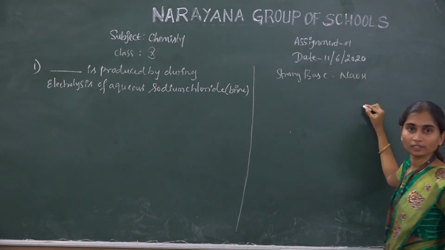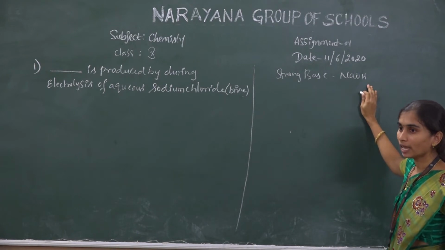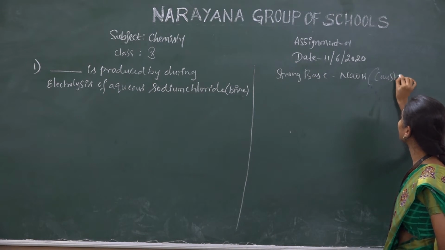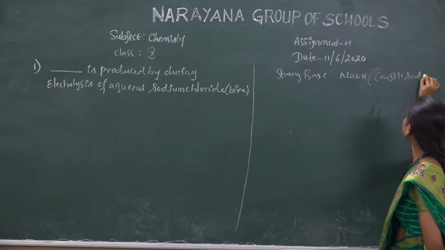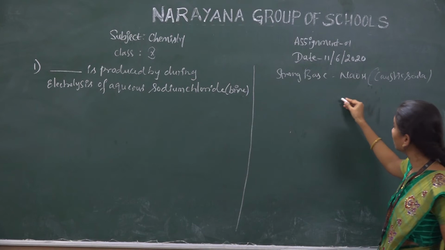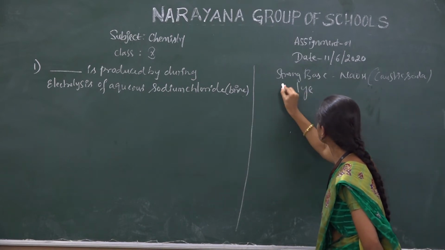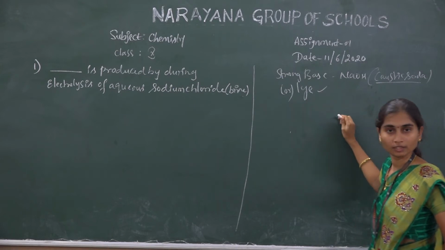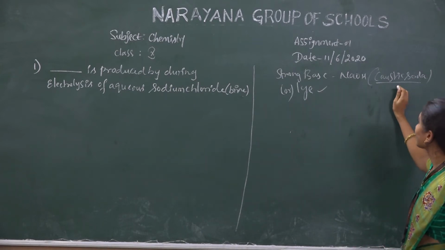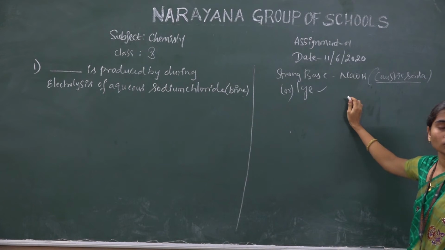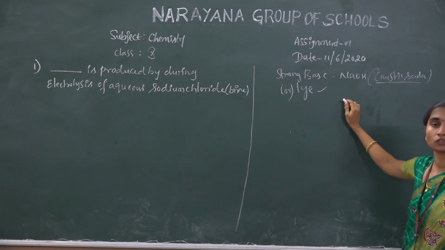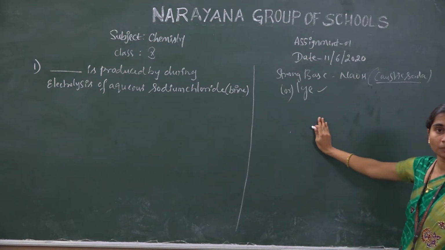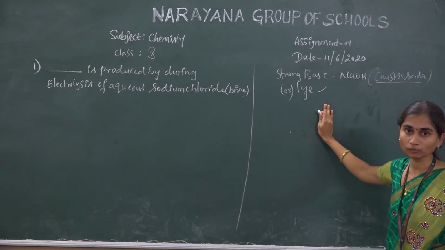A strong base is nothing but sodium hydroxide, which we can also call caustic soda. It is obtained by the electrolytic decomposition of aqueous sodium chloride, that is, brine.